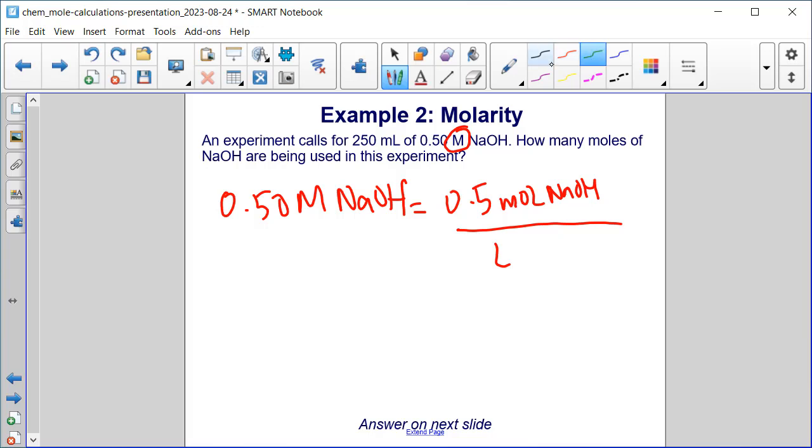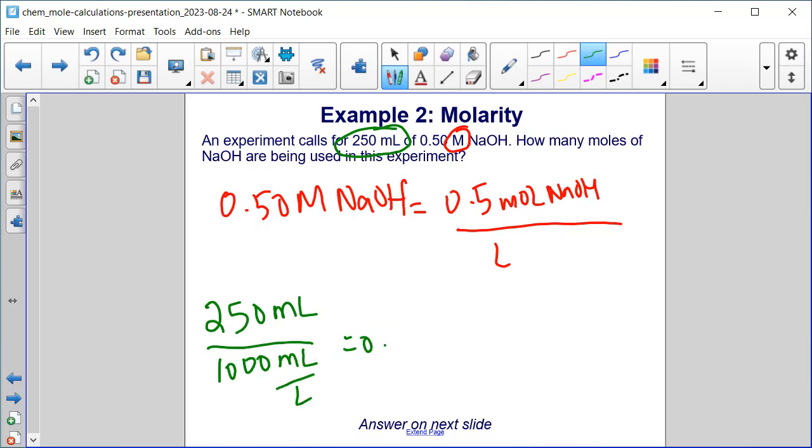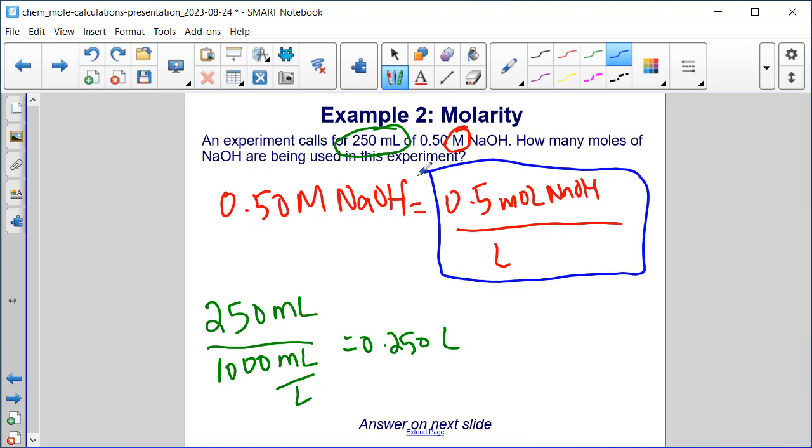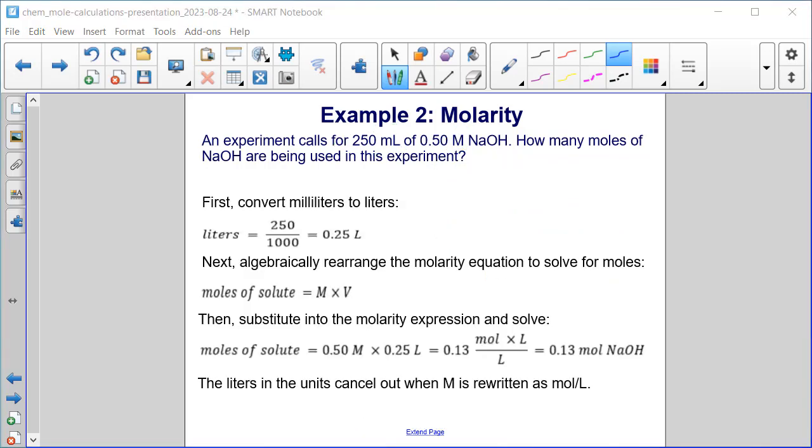The question is asking how many moles there are if we have only 250 milliliters of the solution. 250 milliliters is 0.25 liters. Once we have this interpretation of molarity and our number of liters, we can find the number of moles of NaOH. Let's look at that answer on the next slide.